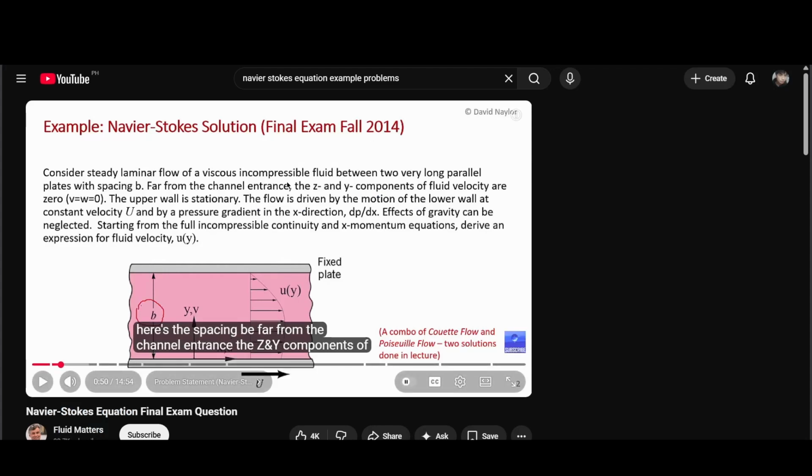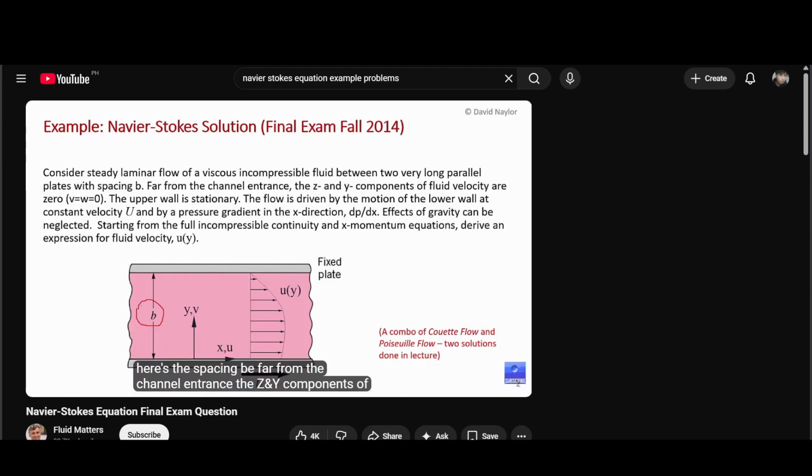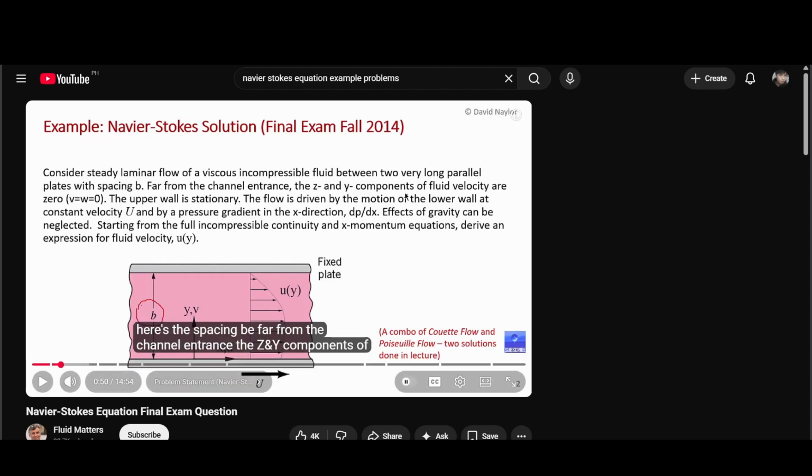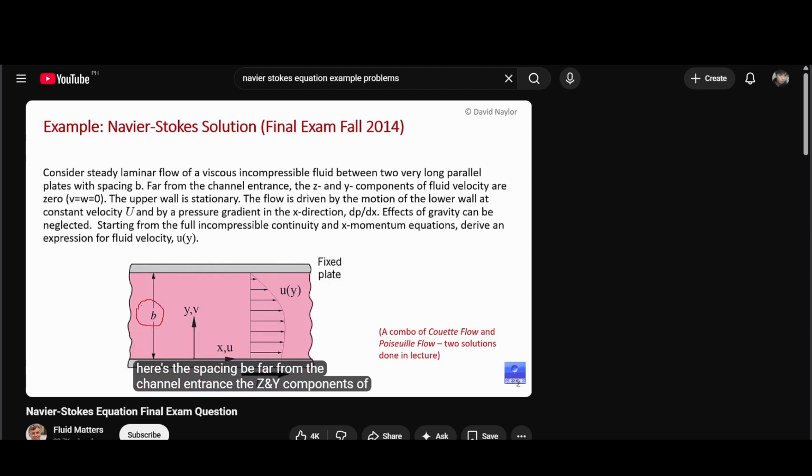Laminar flow occurs when a fluid, liquid or gas moves in smooth parallel layers with minimal to no mixing between them. Consider steady laminar flow of a viscous incompressible fluid between two very long parallel plates with spacing b.